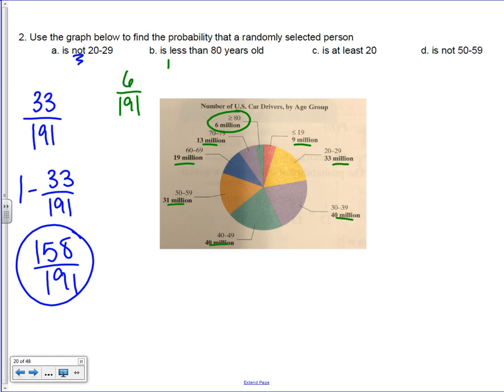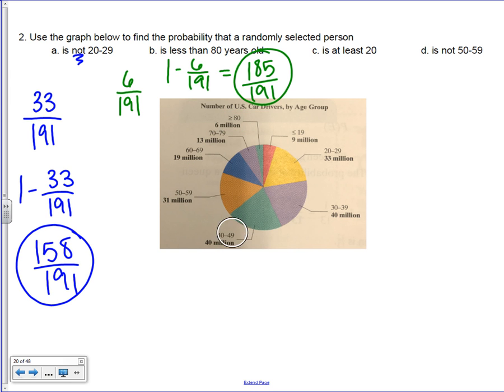So if I do 1 minus that, the probability that we are less than 80 years old would be that. Again, you could have went and added all of those up that were less than 80, but it might be a little bit quicker to do it the other way. Is at least 20.